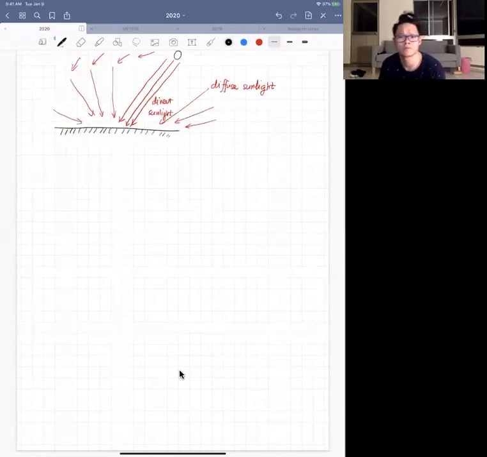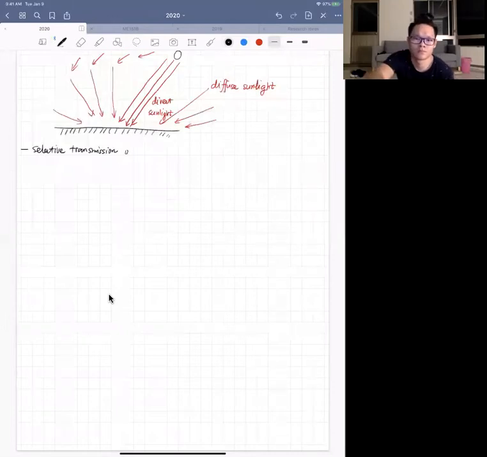All right. So another very important phenomenon I want to introduce that's associated with the atmosphere is selective transmission of the atmosphere. Basically, if you look at the atmosphere, it's not the same for different wavelengths of radiation.